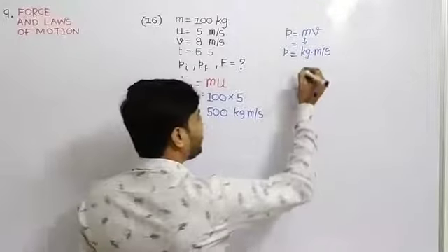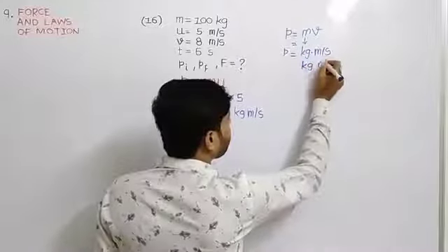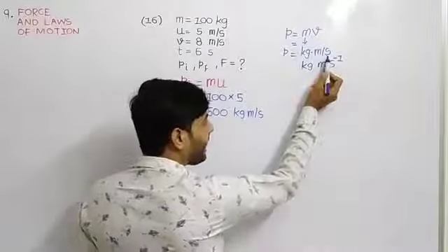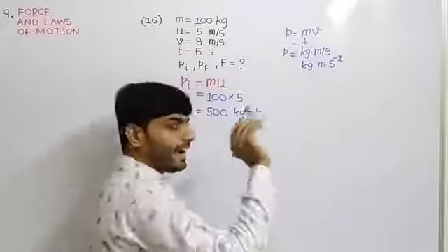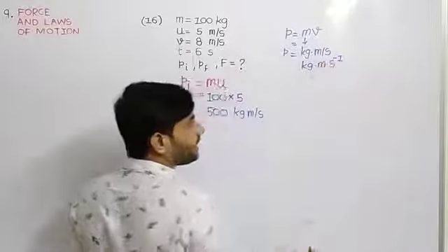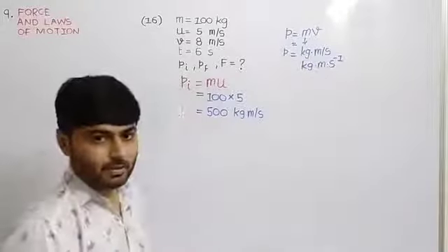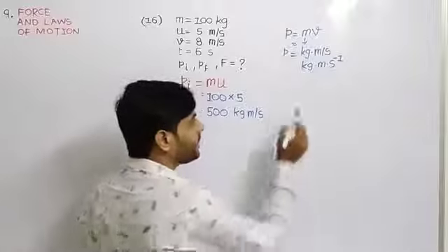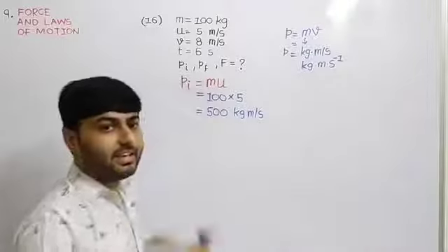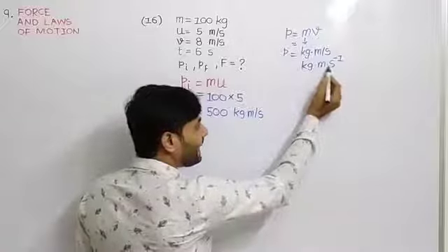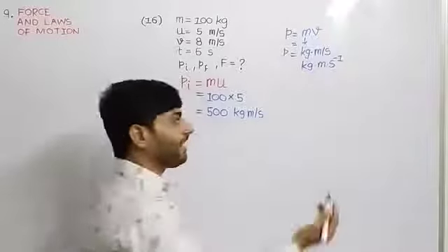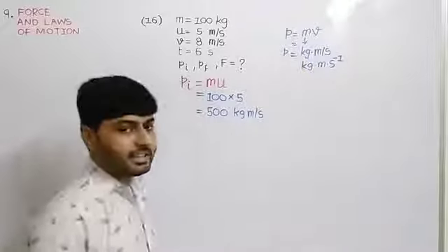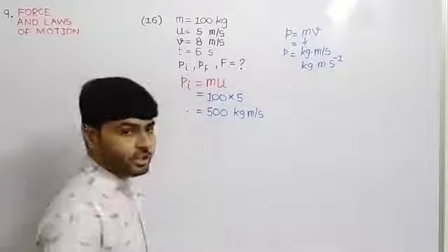And also you can write it as kg meter second inverse, because this second is in denominator. If we write in form of multiplication, this dot is nothing but sign of multiplication. For your information, remember that. So we have kg meter second inverse. So we have 500 kg meter per second as initial momentum.